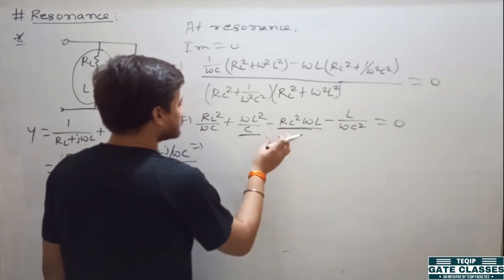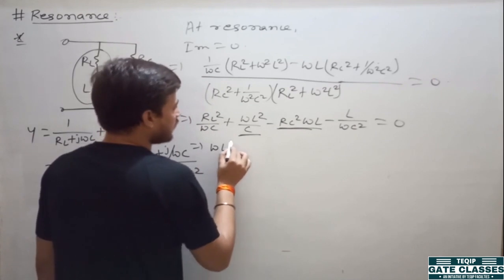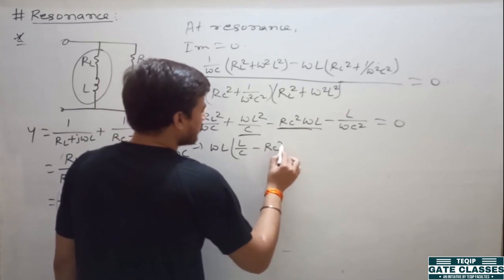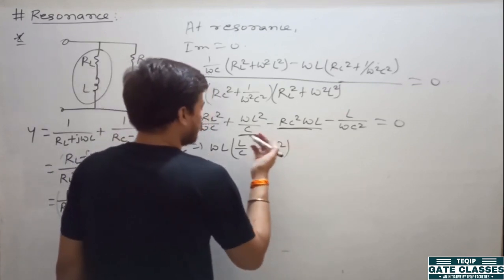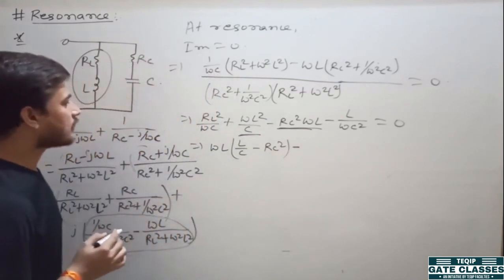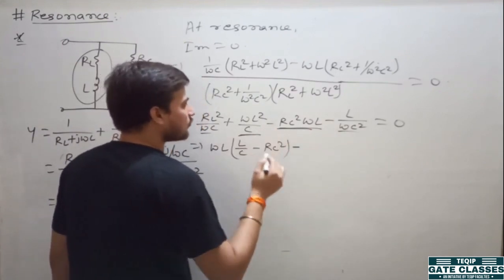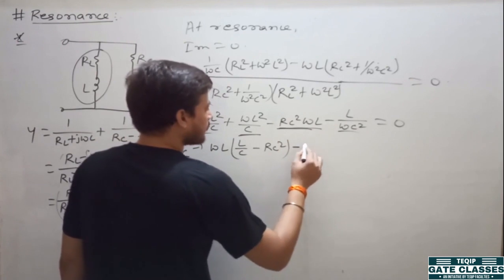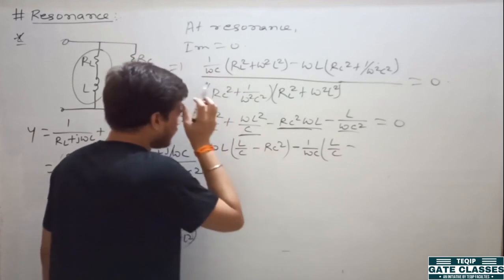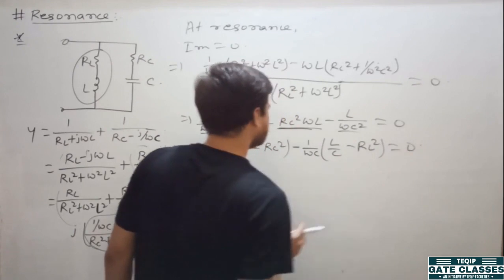If you take these two terms, take omega L as common, so here it will be omega L into (L by C minus R_C squared). Minus, here it is minus, now for these two terms you are taking 1 by omega C as common, so here it will be 1 upon omega C into (L by C minus R_L squared), which will be equal to 0.